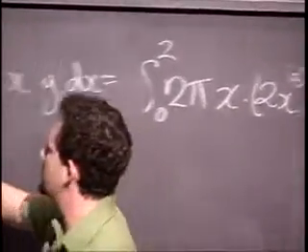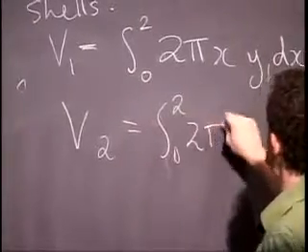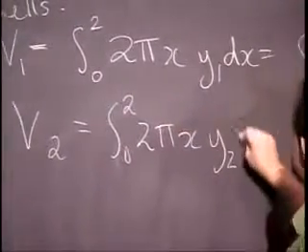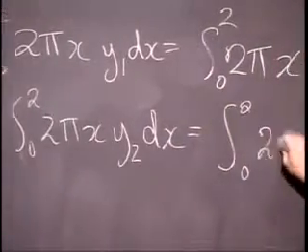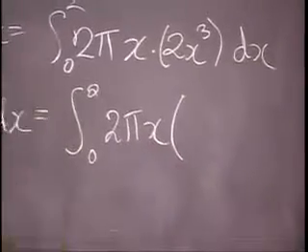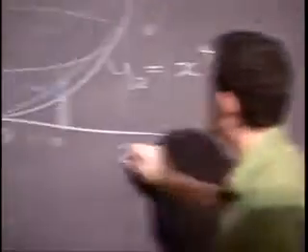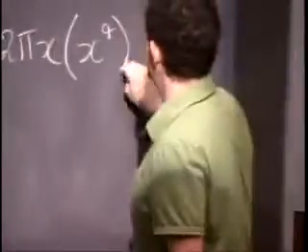And V2, same formula, shells, 2 pi x. Oh, it's 0 to 2 as before. I should have marked that in on the diagram. x to the fourth, that's y2.